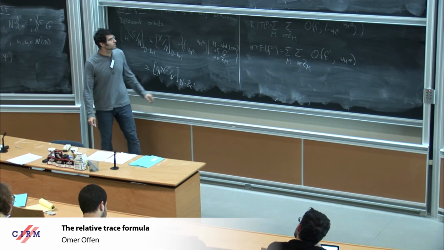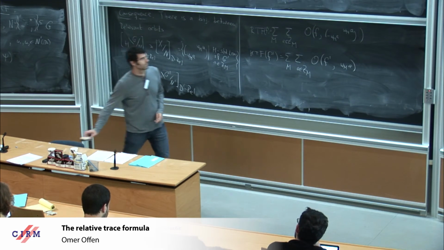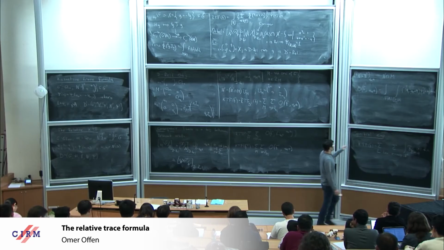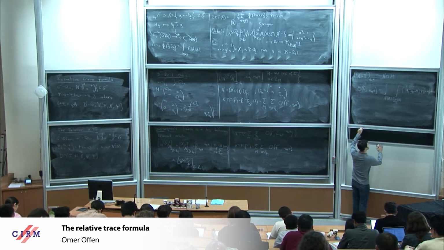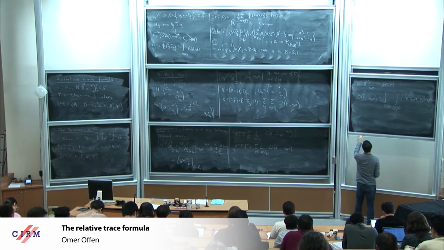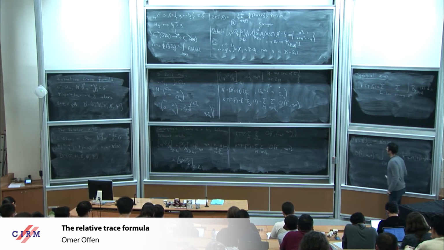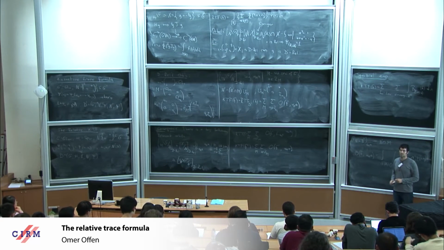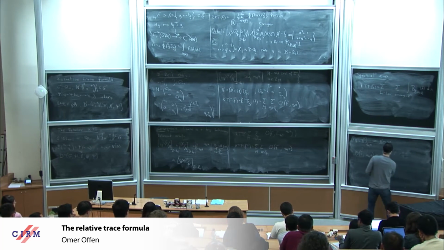Okay. So if we could find enough functions for which we have matching of orbital integrals, then we can compare between the two relative trace formulas.